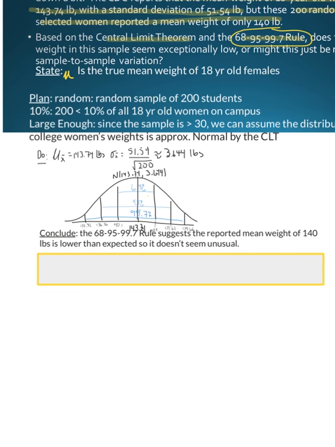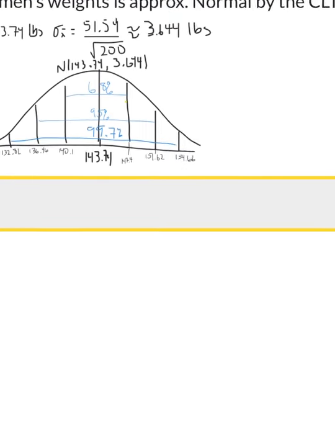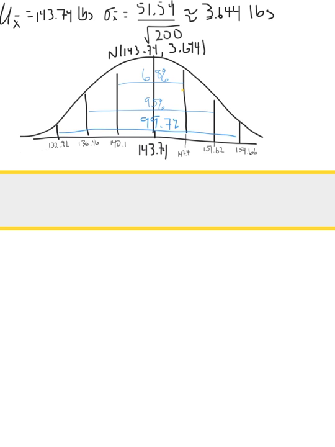Okay, so we can zoom in on our 68, 95, 99.7 rule. Remember, the mean goes in the middle, and then I add the standard deviation from the previous step. And so this is what we're looking at.